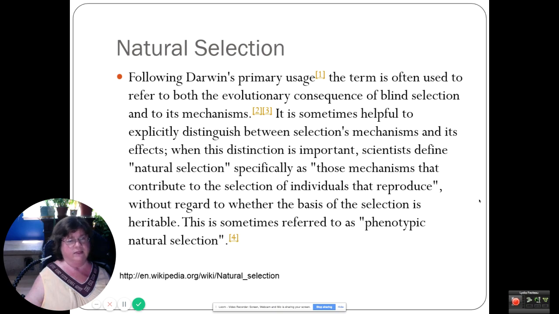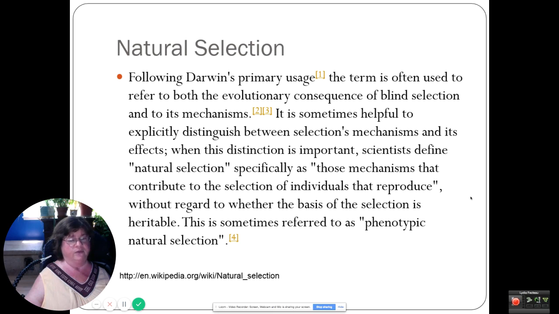Following Darwin's primary usage of the term, it's often used to refer to both the evolutionary consequences of blind selection and to its mechanisms. It is sometimes helpful to explicitly distinguish between the selection's mechanism and its effects. When this distinction is important, scientists define natural selection specifically as those mechanisms that contribute to the selection of individuals that reproduce, without regard to whether the basis of the selection is heritable.